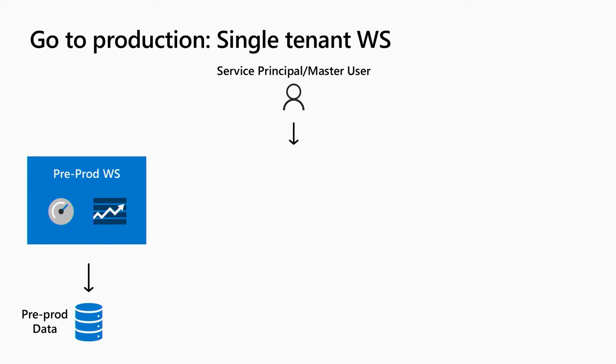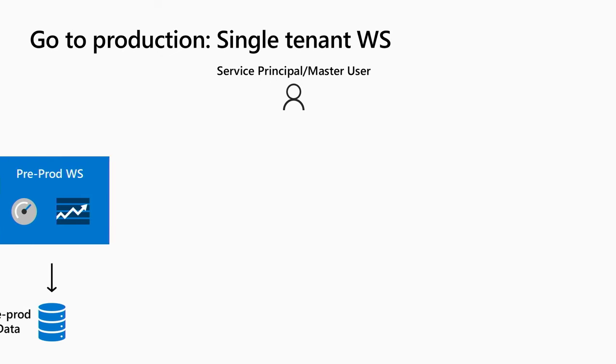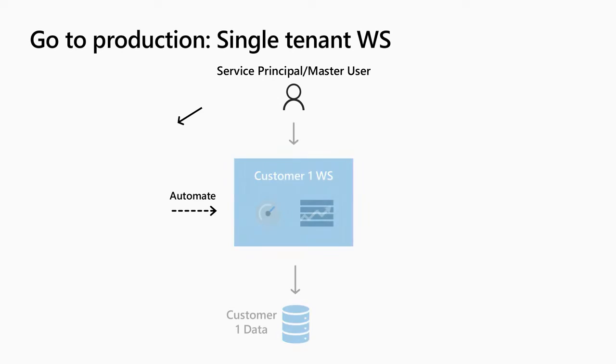So the first option is using a single tenant workspace approach. So what this approach basically means is you separate each of your new customers by creating a new workspace for this customer, migrating all the content from the development golden workspace you had and connecting it to only the user data set.